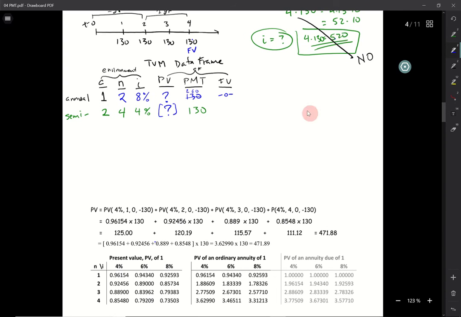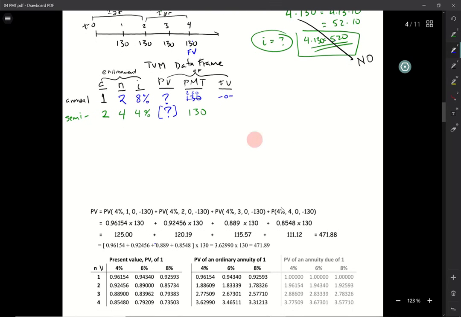But if you factor in the 8% semi-annual interest rate, the present value comes out below 500. So what should you decide? No, because the PV, we'll just call it 472, is less than 500.